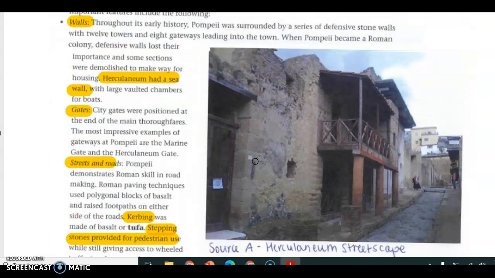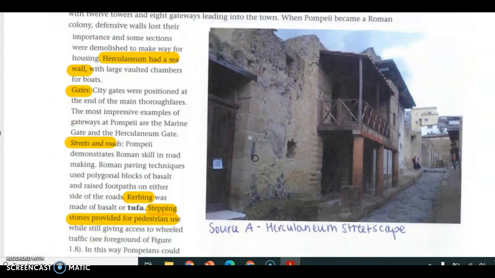The only other thing I forgot to mention is if you ever see a picture of a streetscape that's a double story like this one, and it also has the timber balcony, you can see the timber balcony here. We know that this comes from Herculaneum because of the different effects of the eruption.